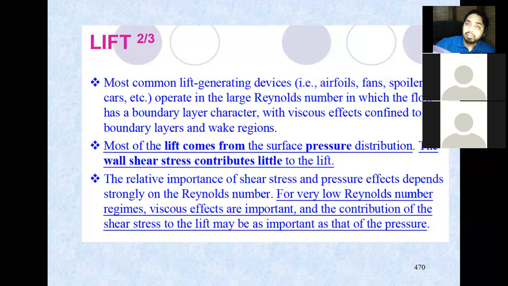But for most aerodynamic applications, where the viscosity of the air is very small and the flow operates at high velocity and high Reynolds number, the friction effect is negligible compared to the pressure effect on the lift.